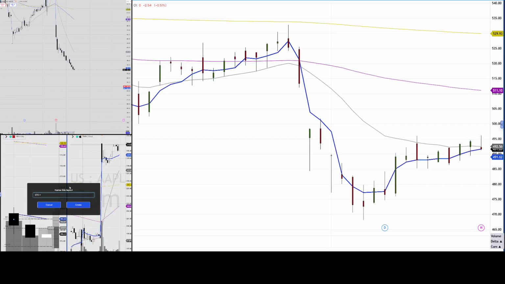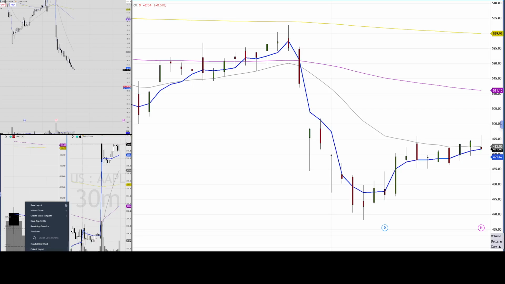SPX plus second chart. SPX plus stock. SPX plus stock created. Delete this, the ugly chart.